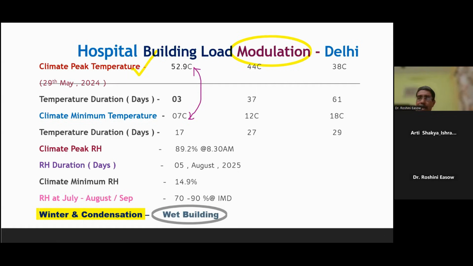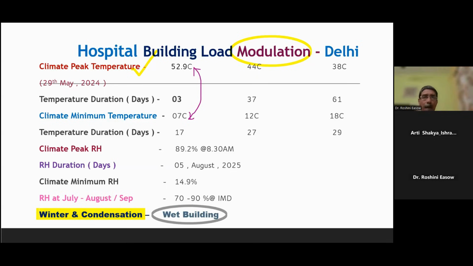Now, as a consultant or a designer, if you follow this chart when you are designing a surgery room for a hospital in Delhi, then what will you do? There is no standard policy for that. There is no standard direction; it is totally depending on the consultant's idea and his experience.